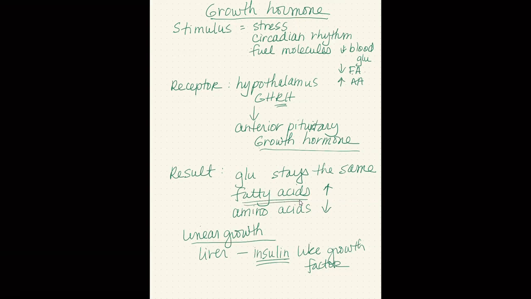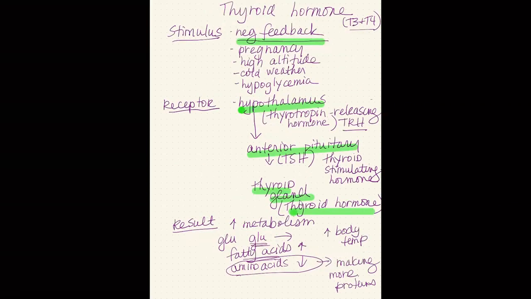They're putting on fat and getting a little bit rounder, and then they go through a growth spurt, and glucose stays the same. They make more muscle, they make more bone, and their fatty acids get used up. It's actually released all the time in us, but usually it stays in homeostasis. And I think that's it.